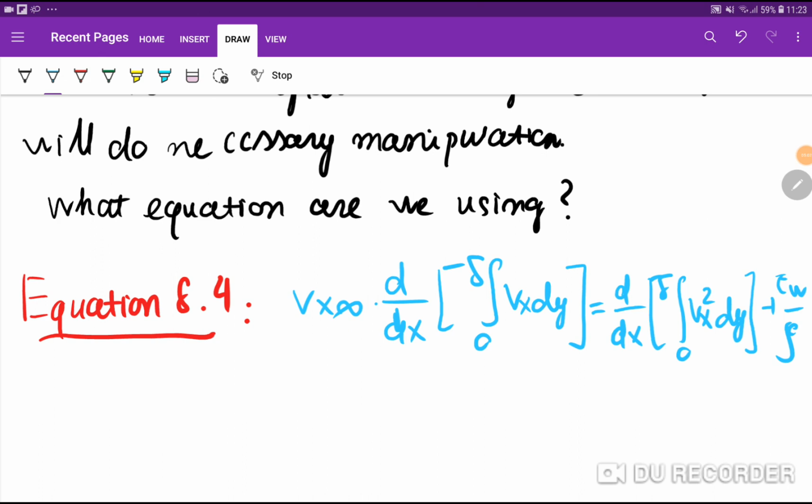This is the equation we use, equation 8.4, the Laplace's equation.